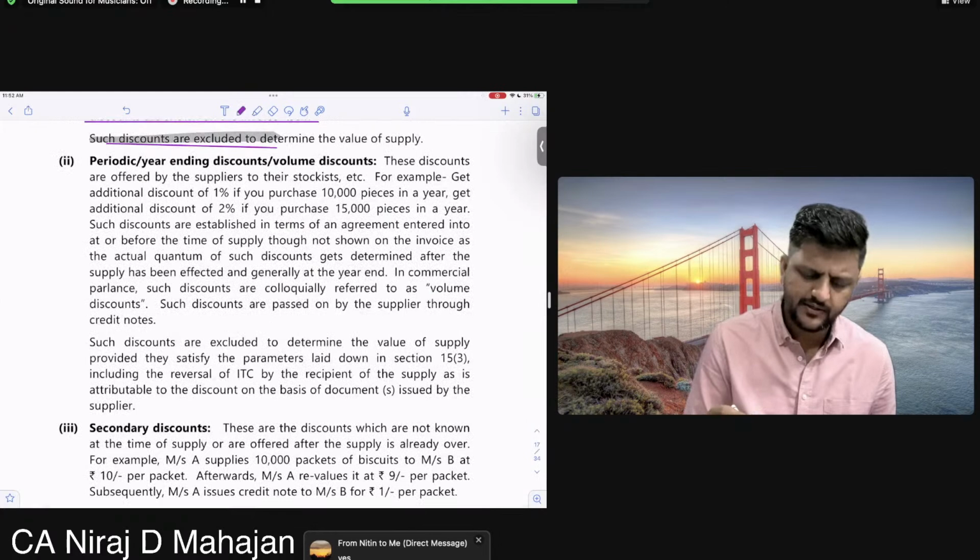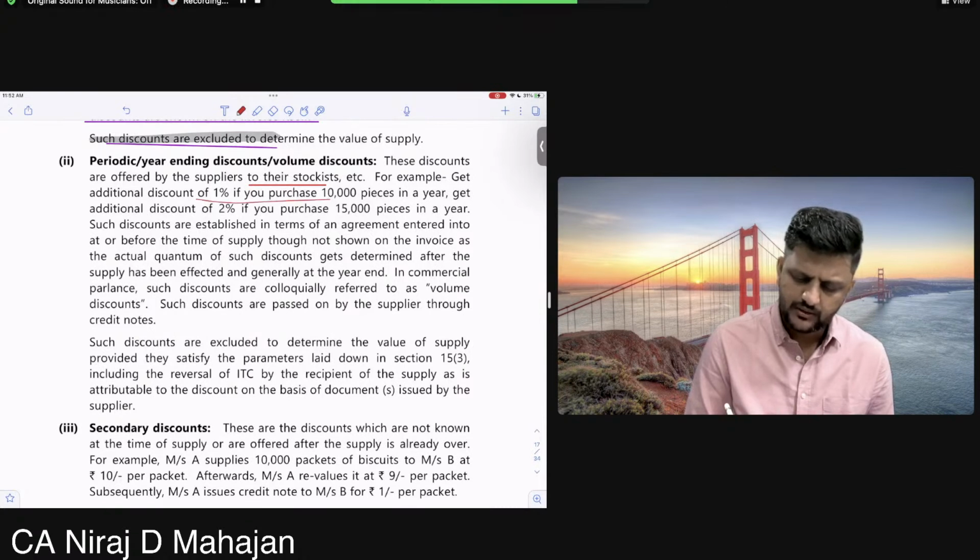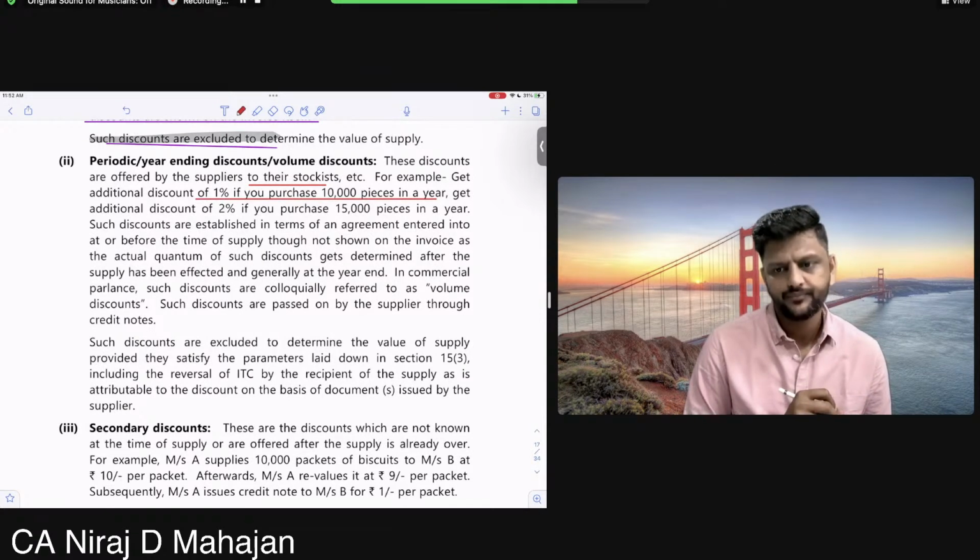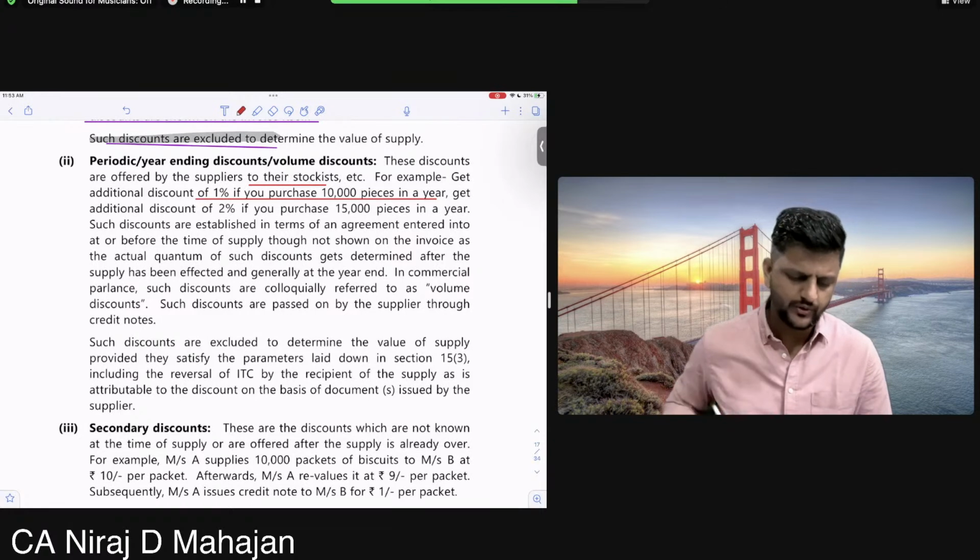Periodic or year ending discounts or volume discounts. These discounts are offered by suppliers to their stockists. For example, get an additional discount of 1% if you purchase 10,000 pieces a year. Get 2% if 15,000, and so on.